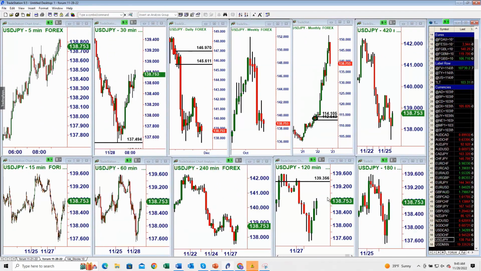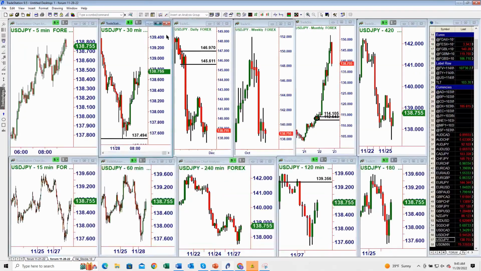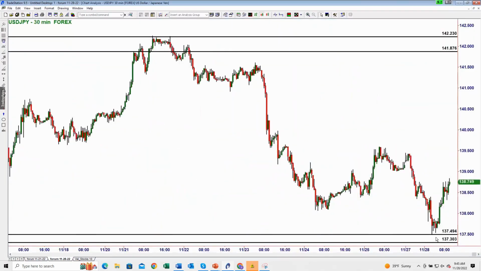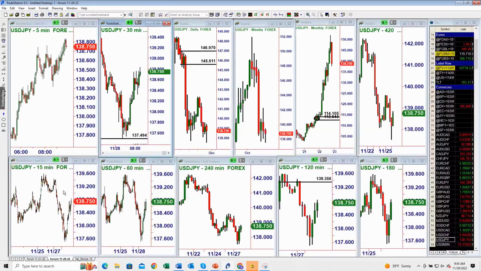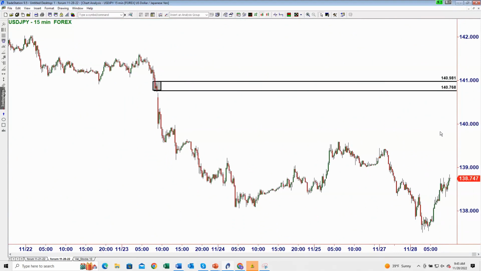So all we've done in this market, for those of you that are in our sessions, is go from our 139.35 supply down to our 137.50 demand, where we had a strong rally. Now the supply zone above that area is likely to be found in the 140.77 area, which is still quite a ways away from where we're at right now. This looks like a really big distance. Keep in mind this is a 15-minute chart.